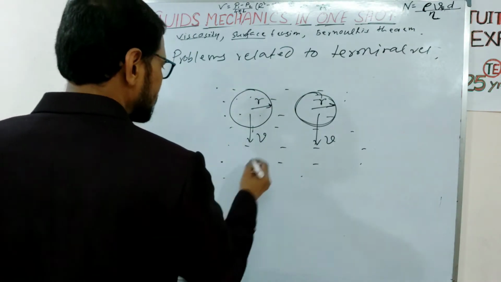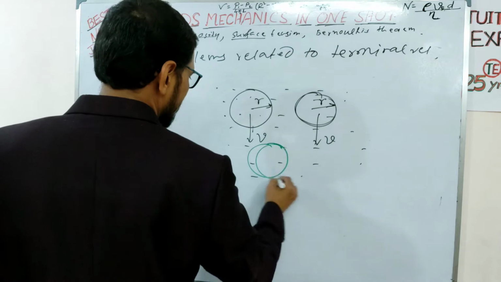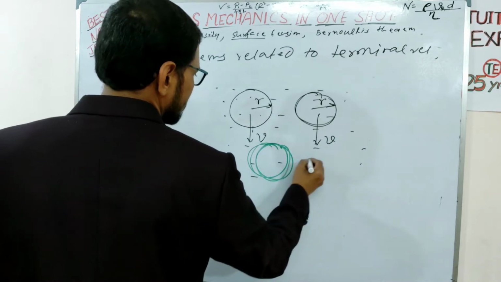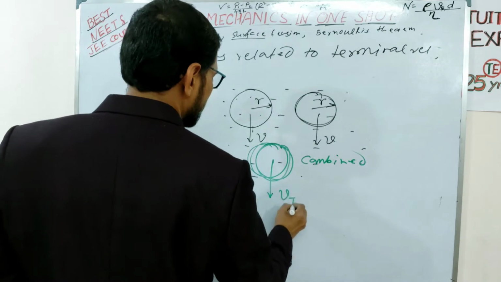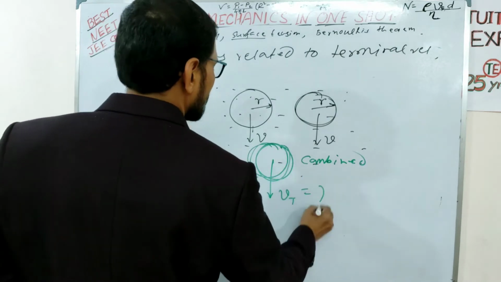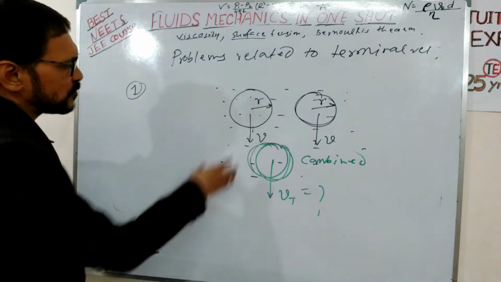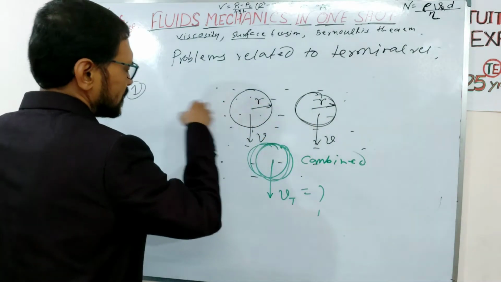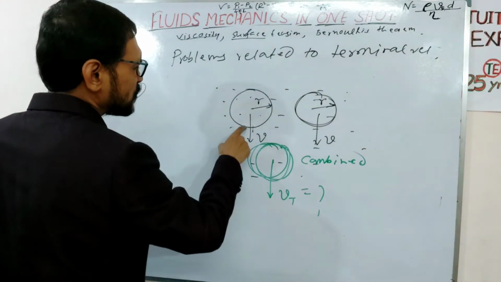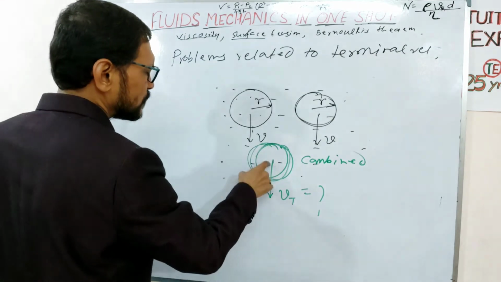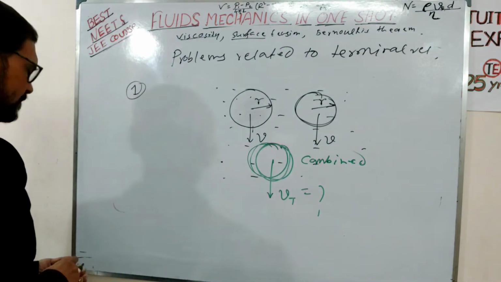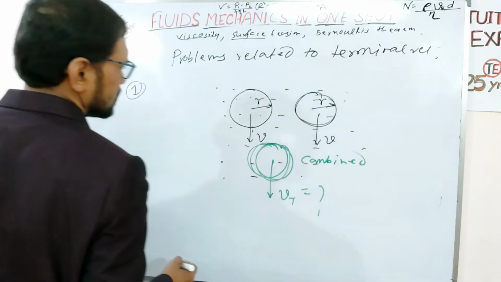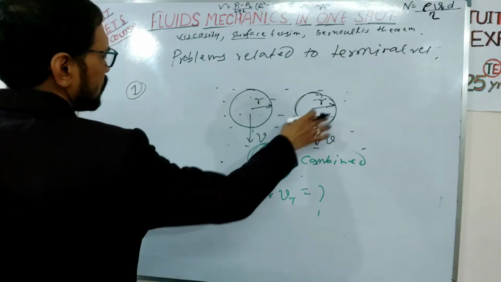After a certain time the two balls combine. Now what is the velocity of this combined body? If two identical balls have the terminal velocity v, after combination what is the terminal velocity of the combined ball? The liquid and material are all the same.